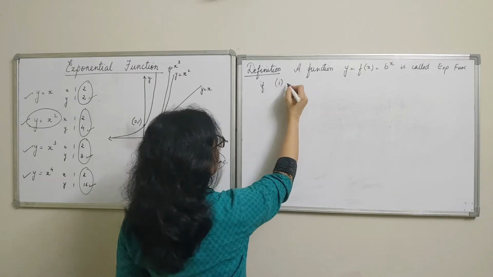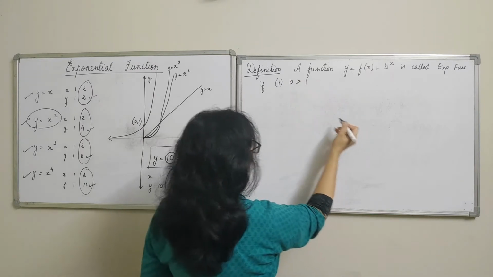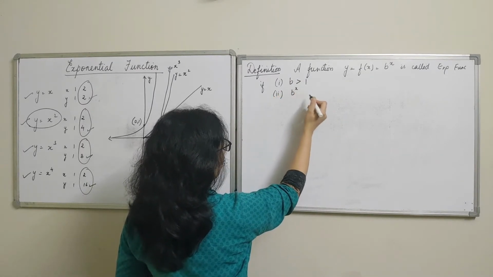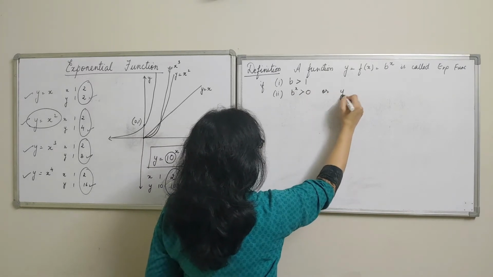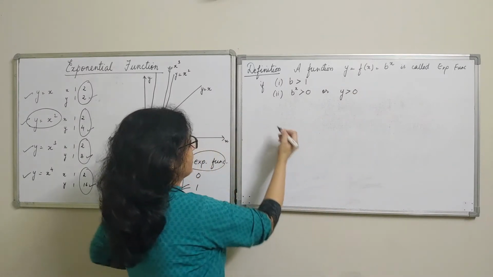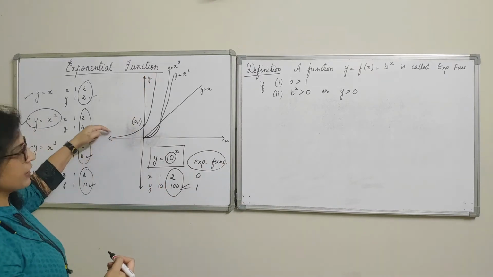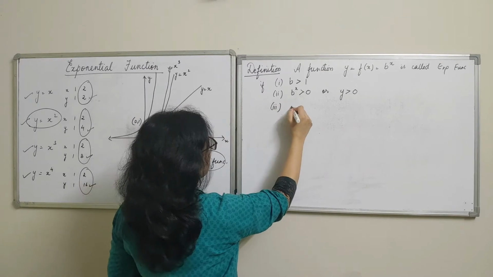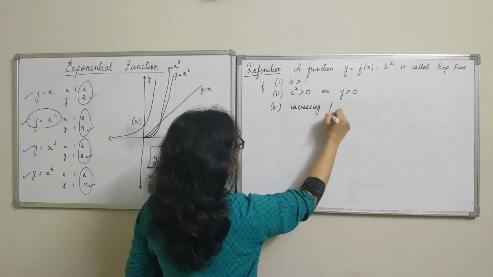The first condition: the base b is greater than 1. Second condition: b to the power x is greater than 0, which also means that y is greater than 0. And if you look at this graph, this is the graph of an increasing function. So the third condition it has to satisfy is that we obtain the graph of an increasing function.